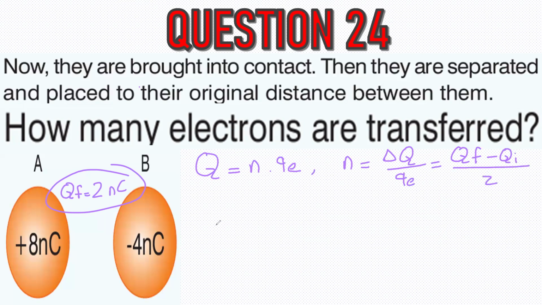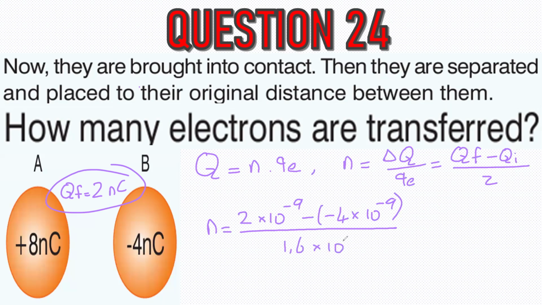So what we have, N equals Q final, which is 2 times 10 to the power of negative 9, minus what we have, let's use B, minus 4 times 10 to the power of negative 9, over 1.6 times 10 to the power of negative 19.